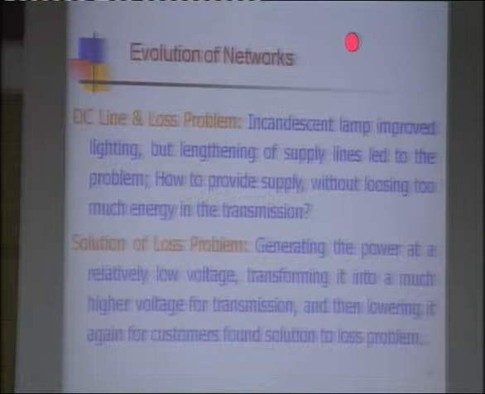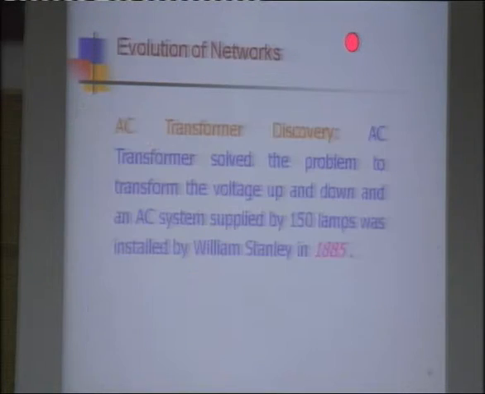So it is not more than 140 years, or 150 years, 143, 44, when the light first came in the world in the form of the invention of electric utilities.